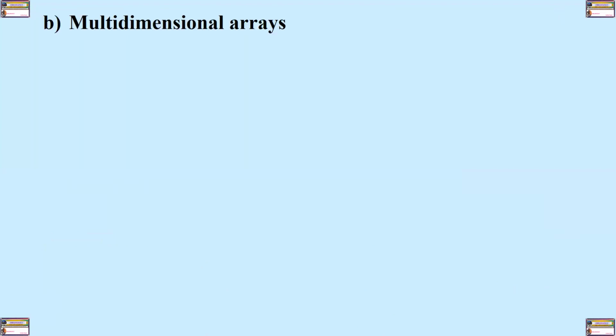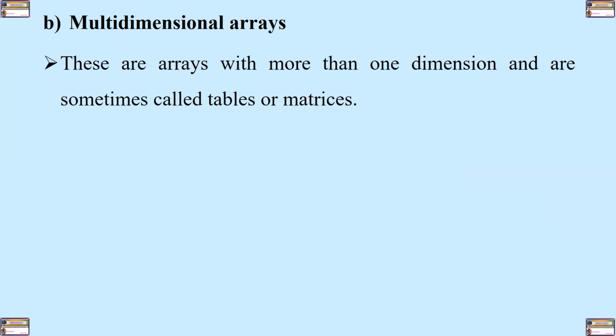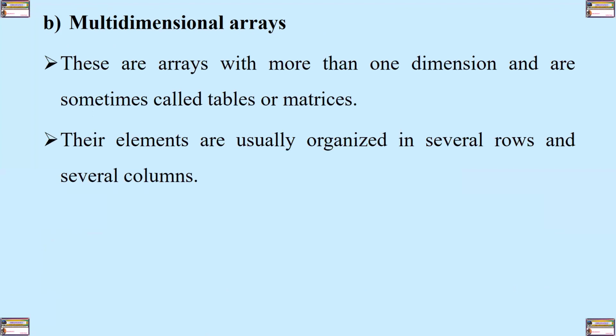Now, what are multidimensional arrays? Multidimensional arrays are arrays with more than one dimension and are sometimes called tables or matrices. What we have looked at, the one-dimensional array, people sometimes call a vector. But for a multidimensional array, because this is data stored in the form of several rows and several columns, we call it a table or a matrix.